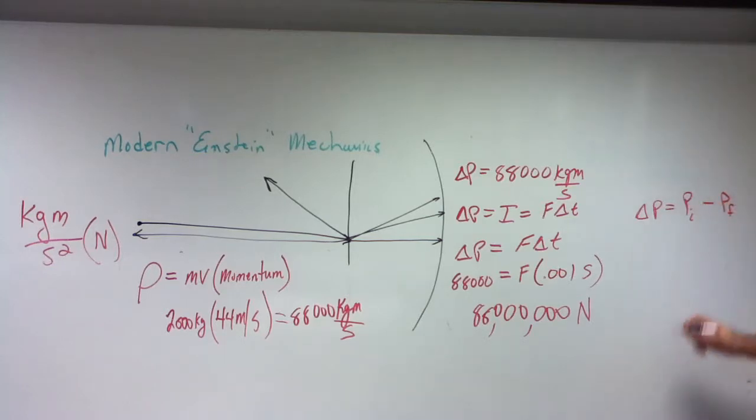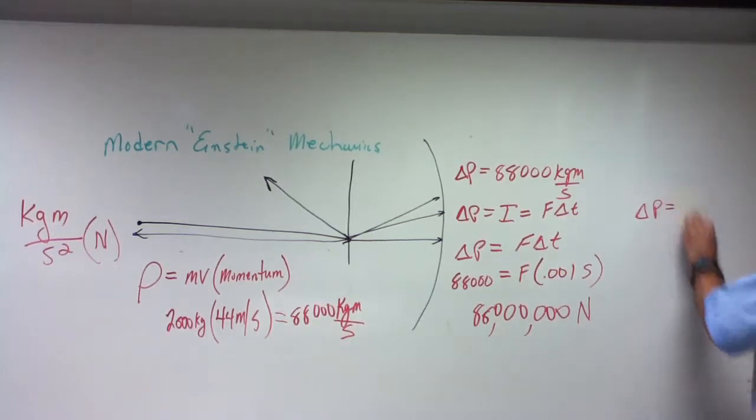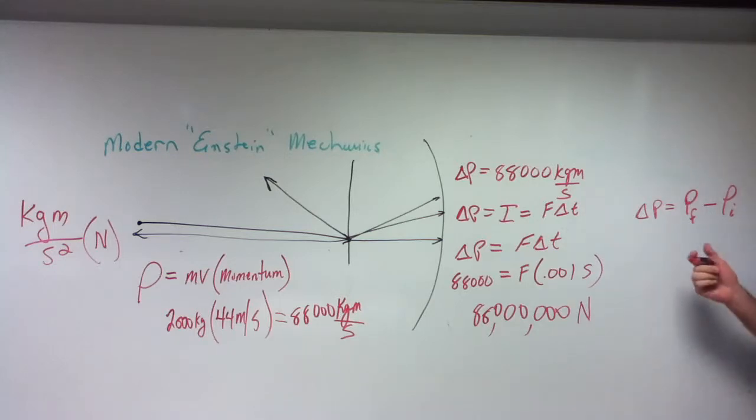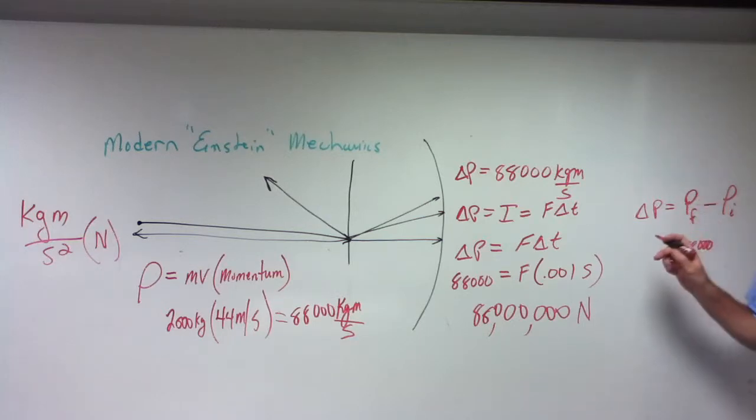The change in momentum. Can you see that up there? So it's going to be the final minus initial, correct? What did we say the final momentum was before we changed? We're looking at the change in momentum.